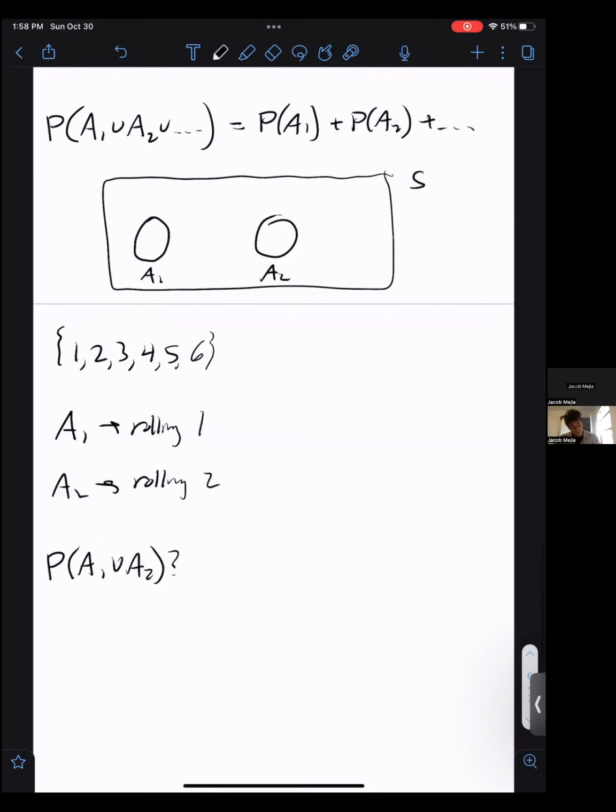Since these 2 events are disjoint, we can just use the result from our axiom. This becomes the sum of the individual probabilities, which is 1/6 plus 1/6, because we can get a 1 with 1/6 and a 2 with 1/6. The resulting probability is 2/6. That's just an example of how this third axiom plays out in practice.